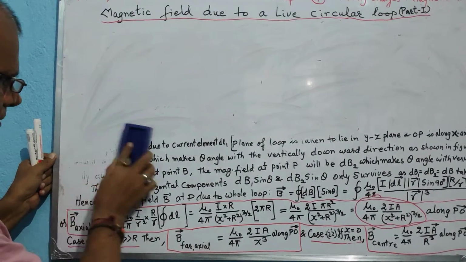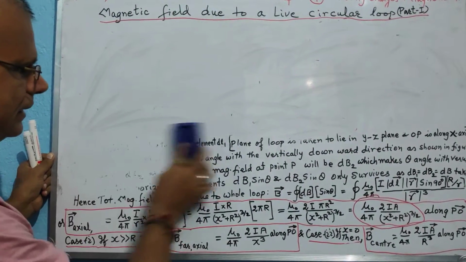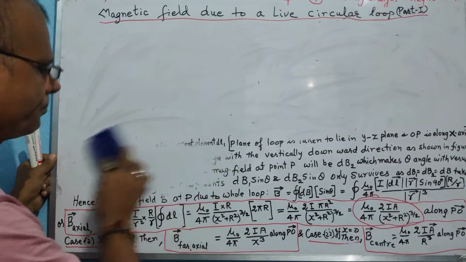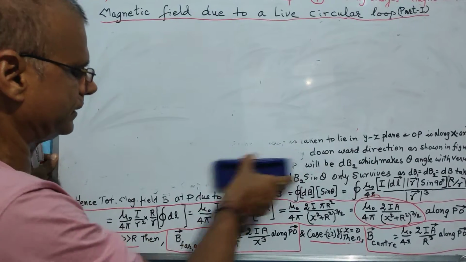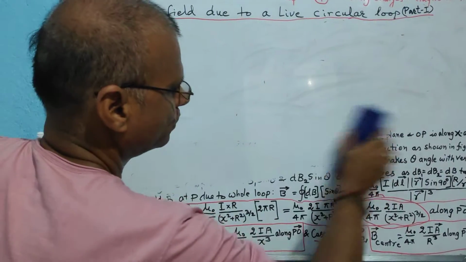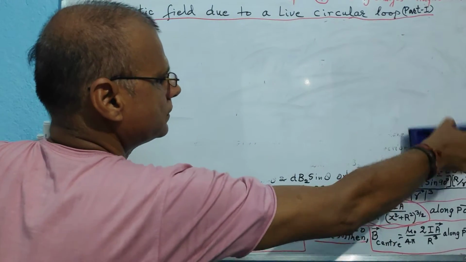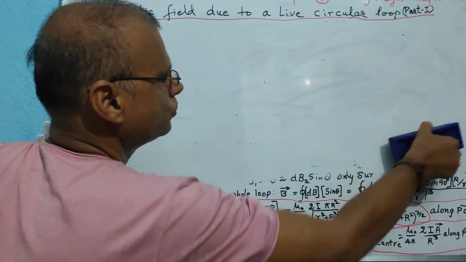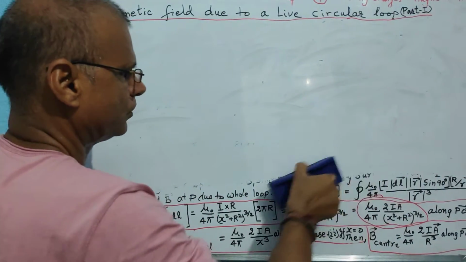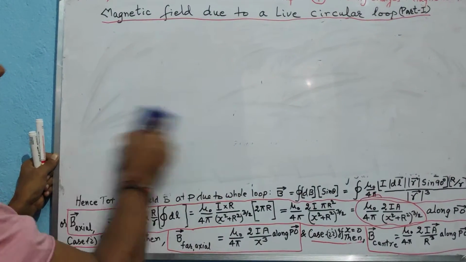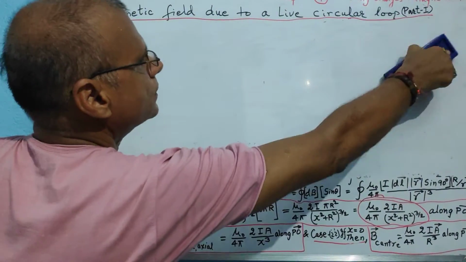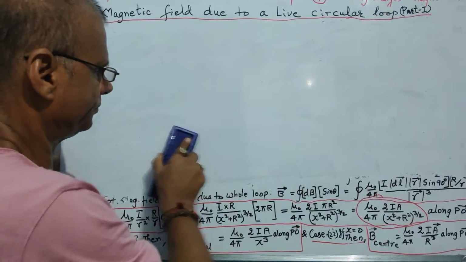But before I really discuss that part, which is very important, and of course we will discuss it with all sincerity, for the moment I would like to give you a clue to memorize the direction of magnetic field due to a current loop.